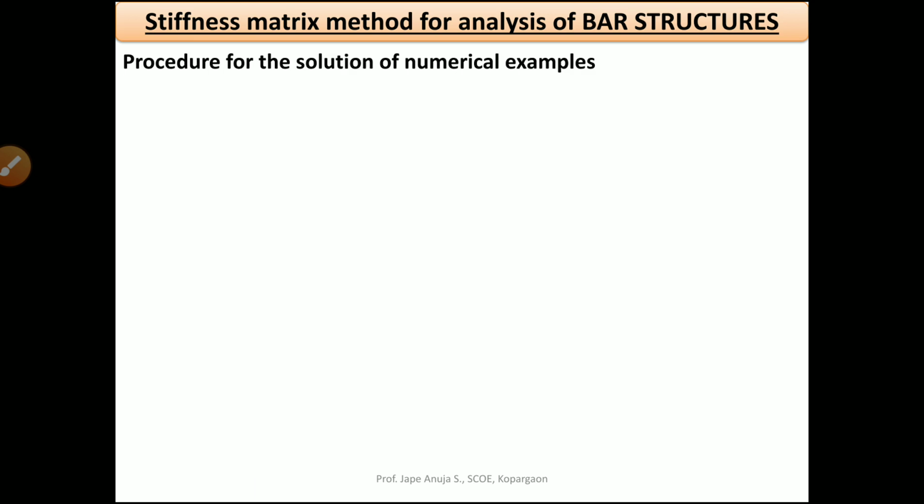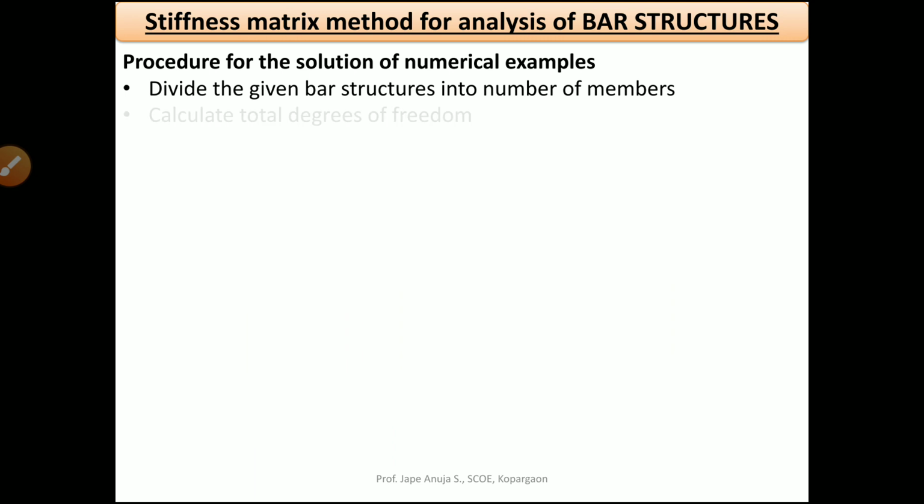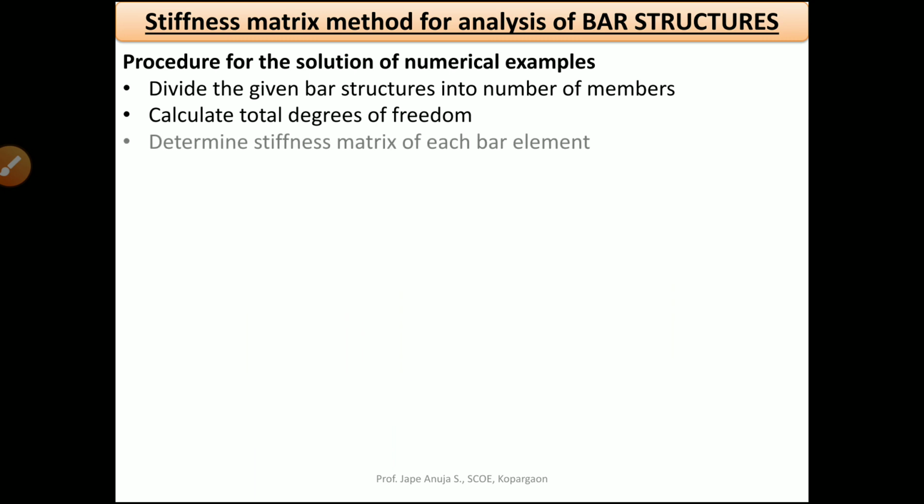Now we will see the procedure for the solution of a numerical example of a bar structure using this stiffness matrix method. The very first step is to divide the given bar structure into a number of members. After that, calculate the total degree of freedom based on the number of elements of the bar structure.